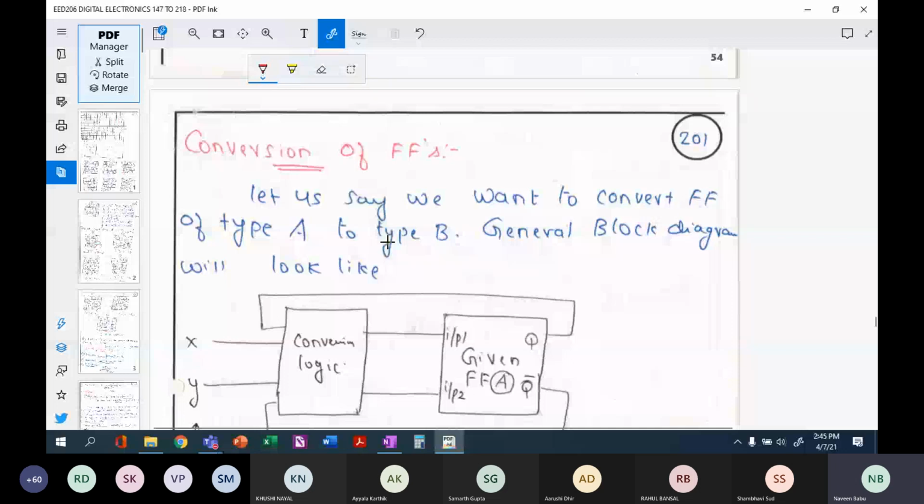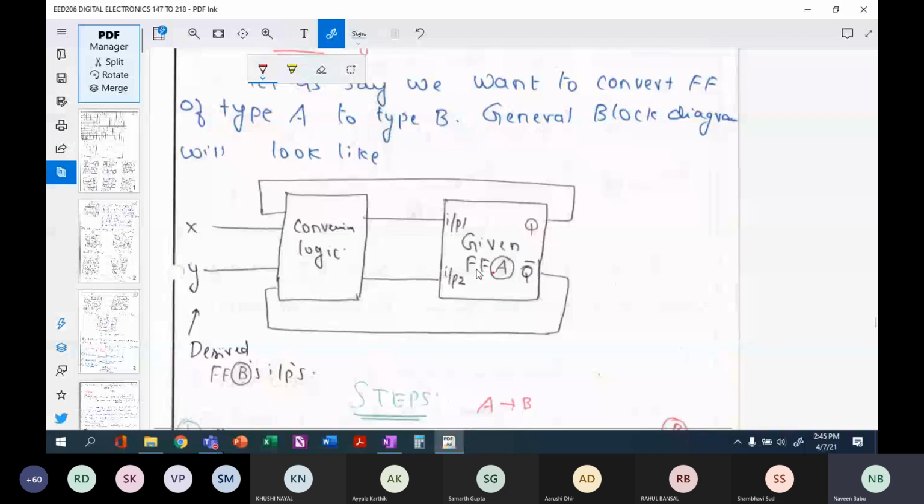Type A is the given flip-flop or the source flip-flop. If you want to convert this into another flip-flop, you will have a conversion logic or a combinational circuit. These are the required outputs of the desired flip-flop, and these will be the required inputs of the desired flip-flop.